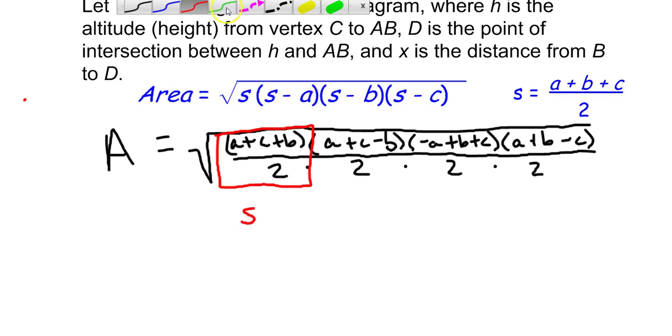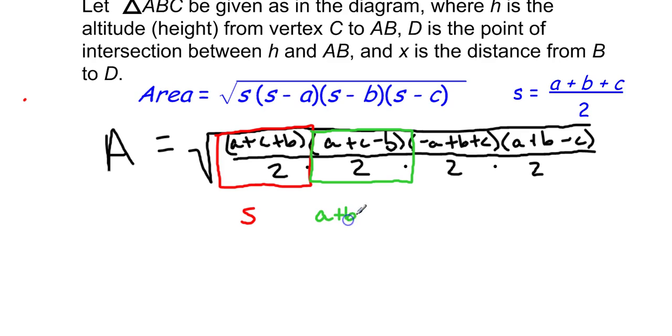So let's look at these next couple components here. Here's my next component. I've got A plus C minus B over 2. In this case, we've got a negative B, so I need to turn that into S minus B. Well, I can do that. I can rewrite this expression, keep it equivalent, as A plus B plus C, but in order to get a negative B, I've got a positive 1B here.